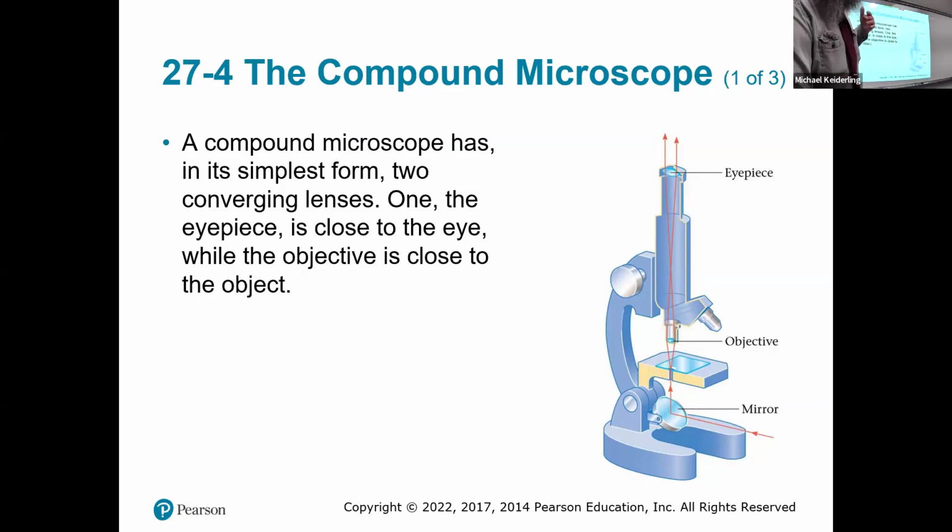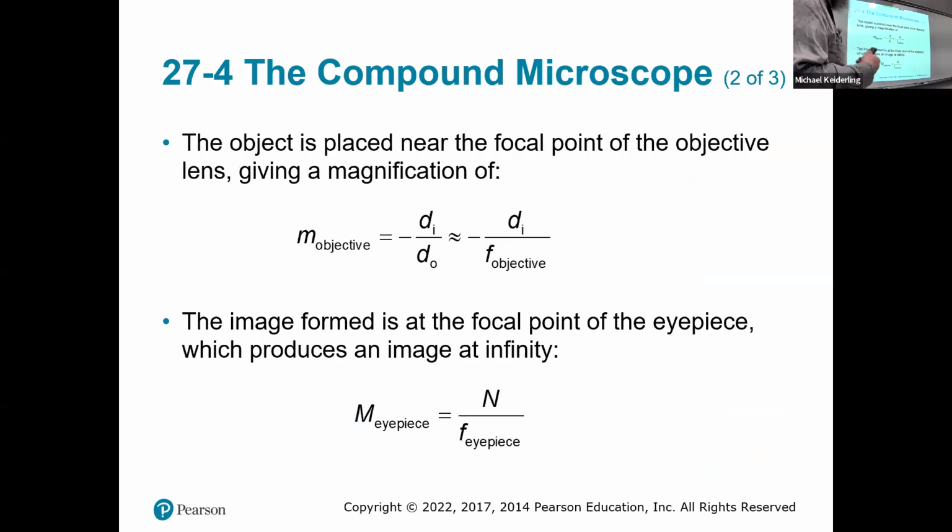One, the eyepiece, is close to the eye, while the objective is close to the object. And the object is placed near the focal point of the objective, giving a magnification of di over do, which is roughly di over the focal length of the objective.